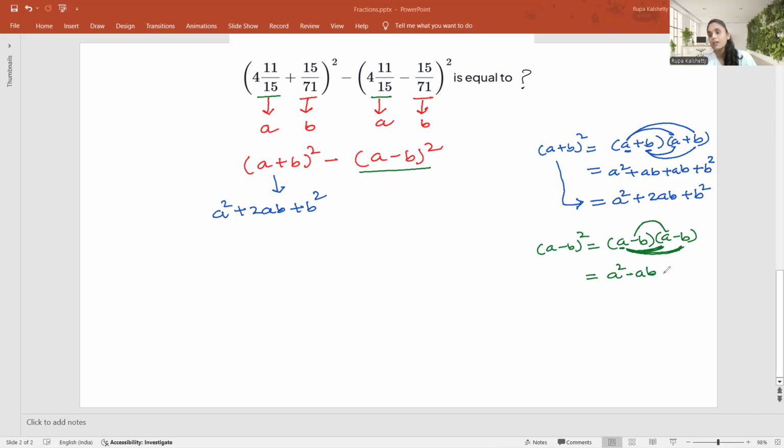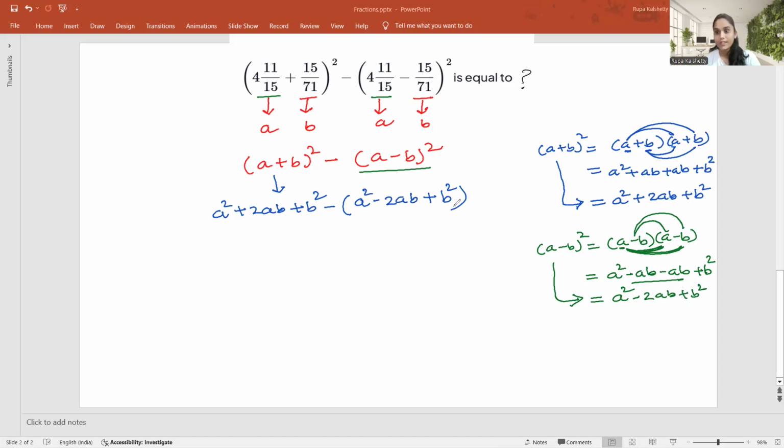That gives us minus B times A, which is nothing but minus AB, and then minus B times minus B gives us plus B squared. So we have here A squared, these together become minus 2AB plus B squared, right? So we have expanded this to this. So let's write down this part here. Minus of (A squared minus 2AB plus B squared), right?